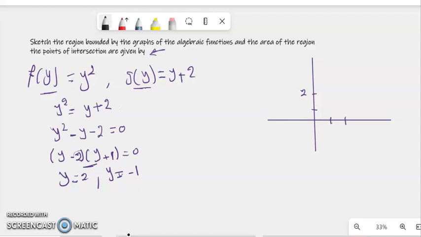That's the first point, 2, 4. And then when y equals minus 1, g of y equals 1. So it's right here. That's my second point.